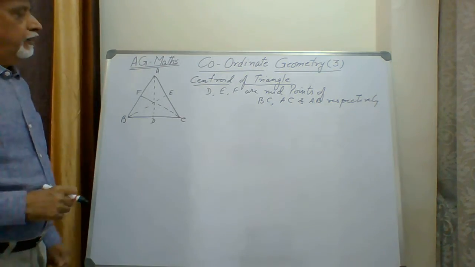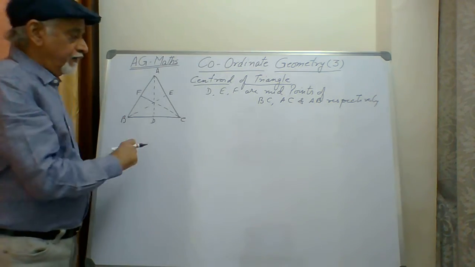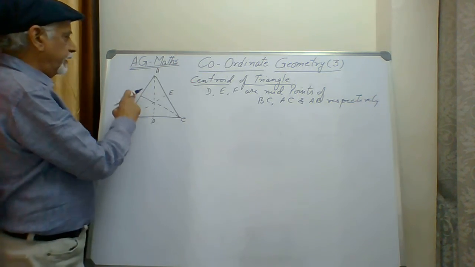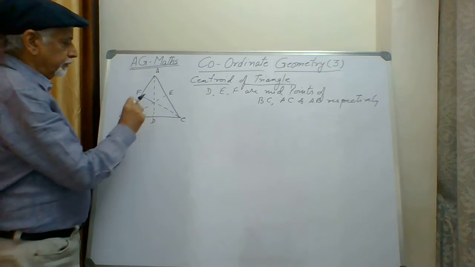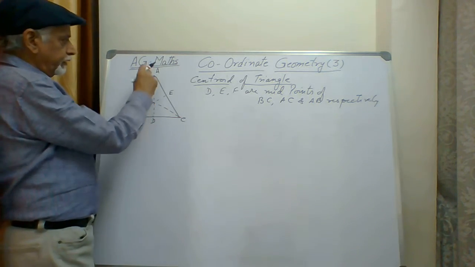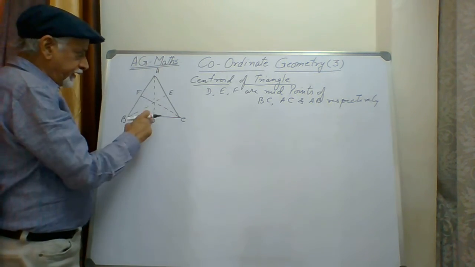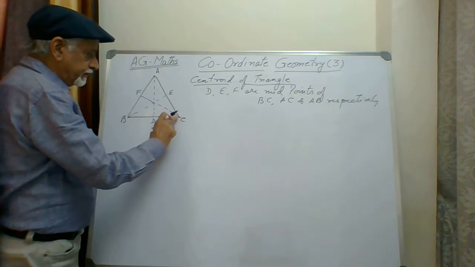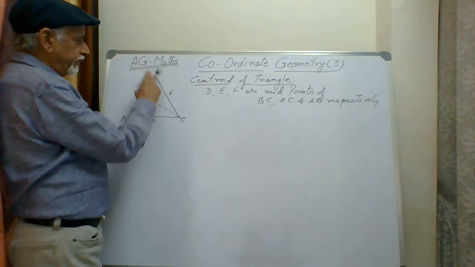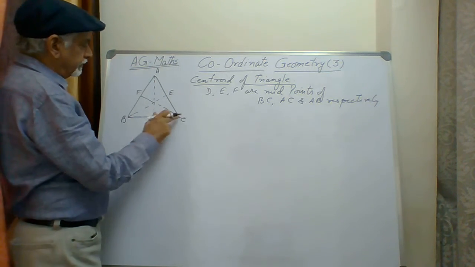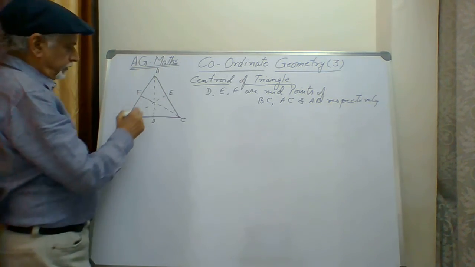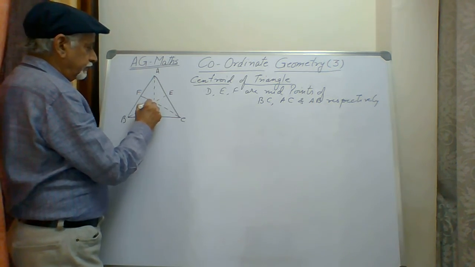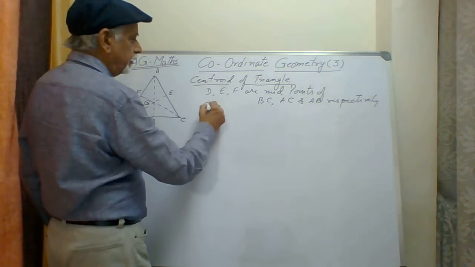So ABC is a triangle and D is the midpoint of BC, E is the midpoint of AC and F is the midpoint of AB. Joining these points to the opposite vertex, AD is the median for BC. Again BE is the median on AC and CF is the median on AB. The intersection point we normally call G. So G is called the centroid.